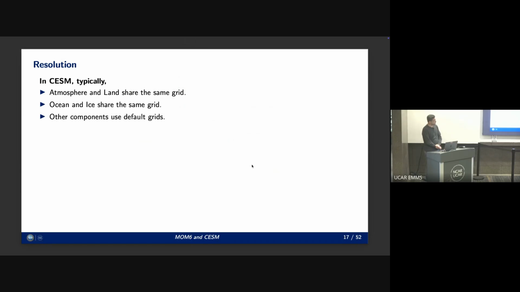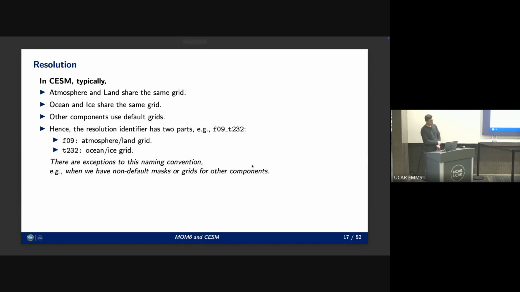So in CESM, typically we run atmosphere and land on the same grid, and ocean and ice also usually share the same grid, and other components have their own default grids, pretty much used for all comp sets. And that means the resolution identifier that we specify when we create a new case has two parts.